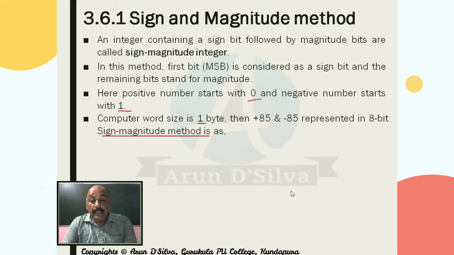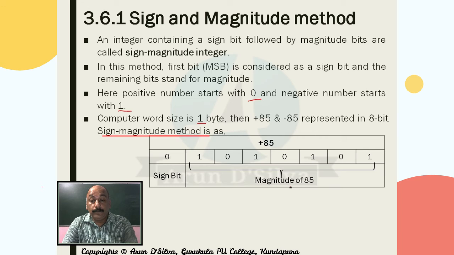then the positive number, plus 85, how is it represented? See here, this is plus 85. Here there is a first bit, which I call the sign bit. Here the value is 0, which means it is a positive number.